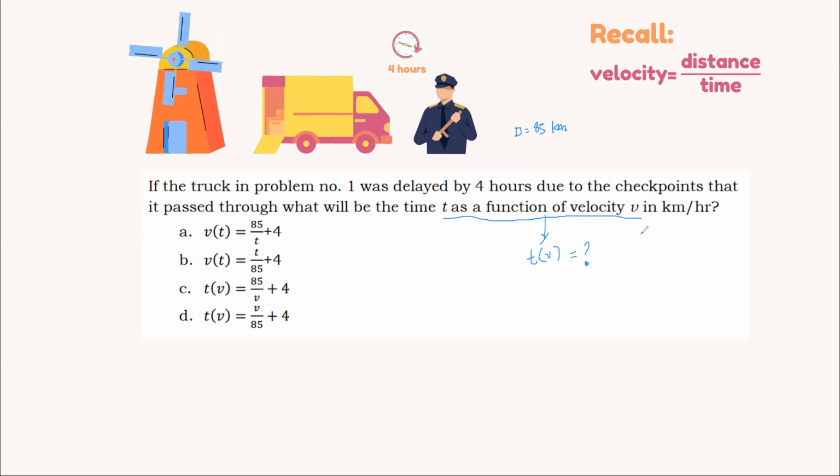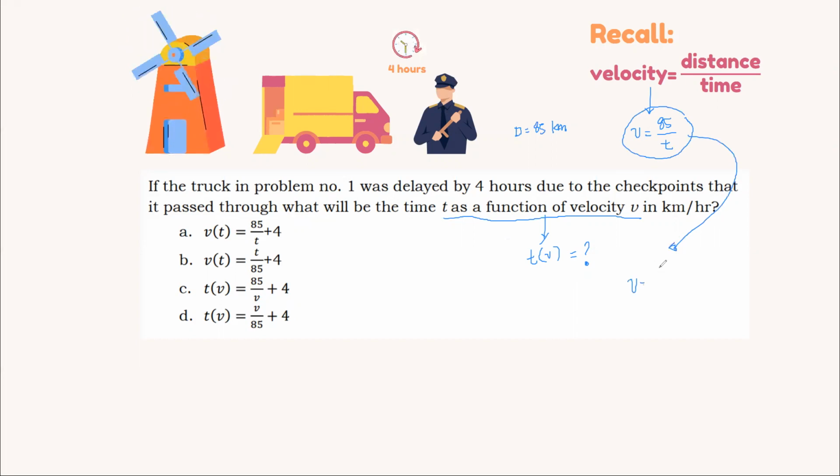So, in this case, we can see the relationship. From our previous number, we already established that v is equal to 85 over t. So, what do we do in order to look for t as a function of v? We will derive it from the relationship in the previous number.